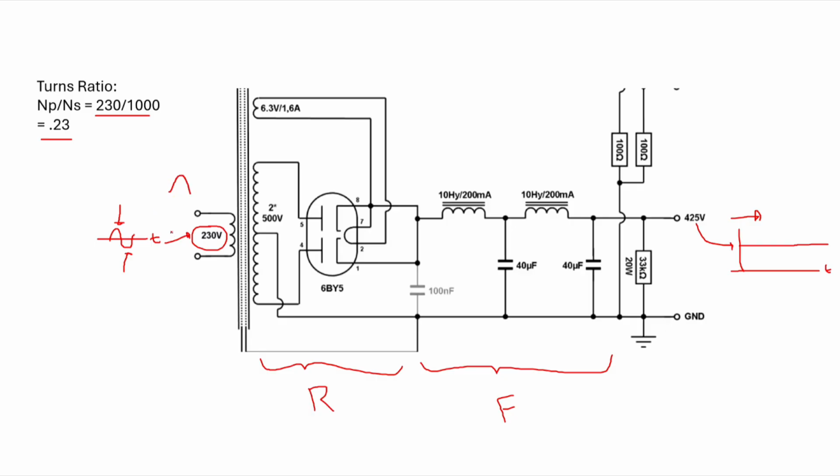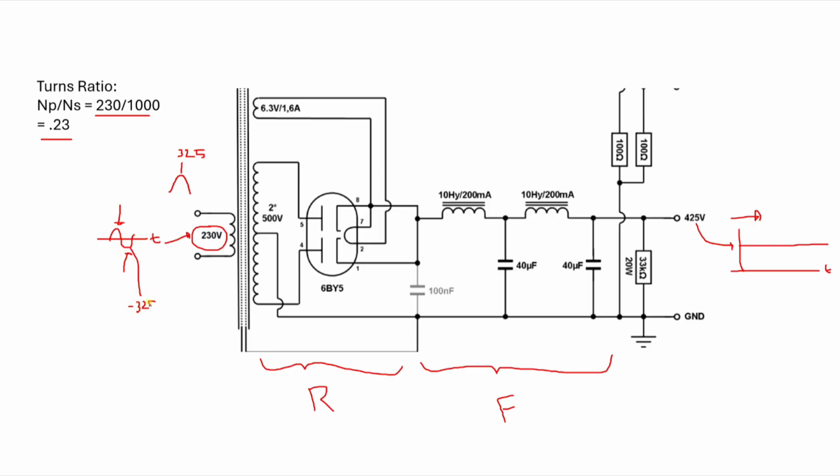If that's 230 volts, and I want to know what the peak voltage is, because that's RMS, I divide it by 0.707, which gives 325 volts. So the peak voltage right here is 325 volts, and the peak negative voltage is negative 325.